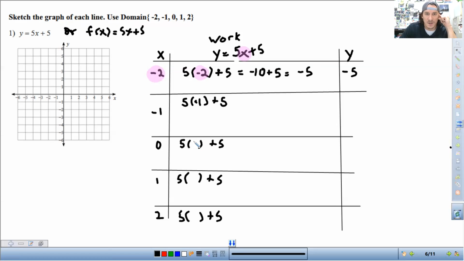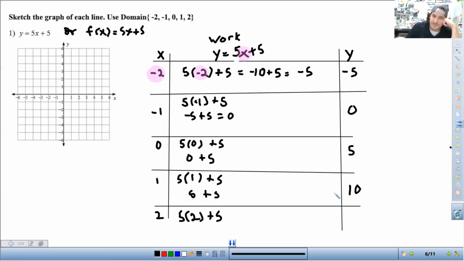So -1, 0, 1, 2. So 5 times -1 is -5, plus 5 is 0. So input of -1 has an output of 0. 5 times 0 is 0, plus 5 is 5. 5 times 1 is 5, plus 5 is 10. 2 times 5 is 10, plus 5 is 15.